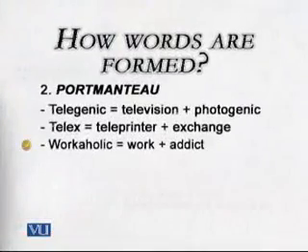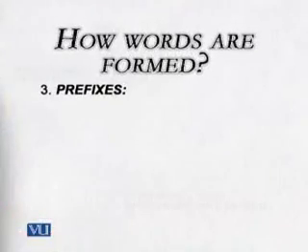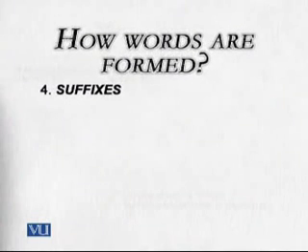So workaholic people are these. So it's the combination of work and addict. Now, we have seen so far two ways of word forming. Number one was changing word forms, and the second one is portmanteau, borrowing portions from words, combining them, and creating new words. Now, two more, which we call prefixes and suffixes.